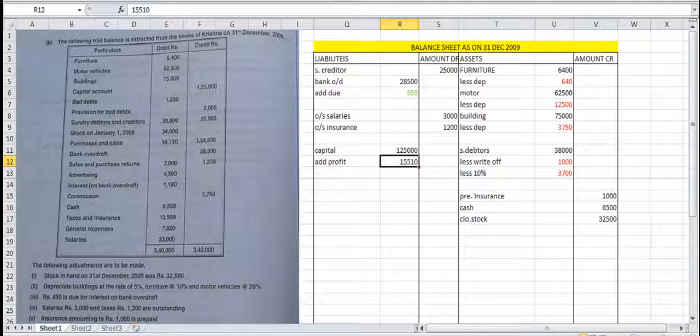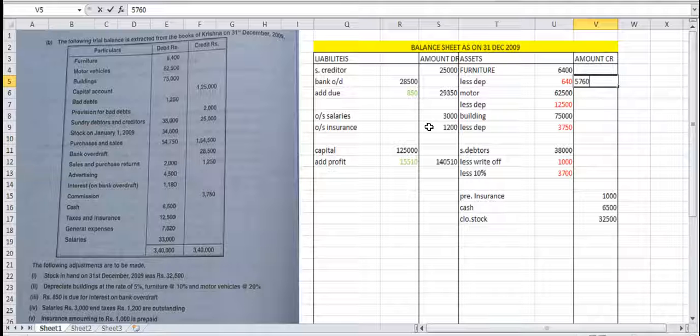Okay, this is the profit. We have to add this profit. Add this one, 28,000, 29,000, 350. Add this one, 1,25,000, 1,40,000, 510. Okay, now here less this one from building.